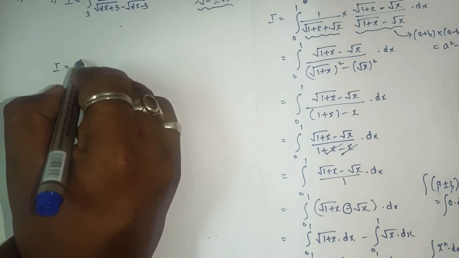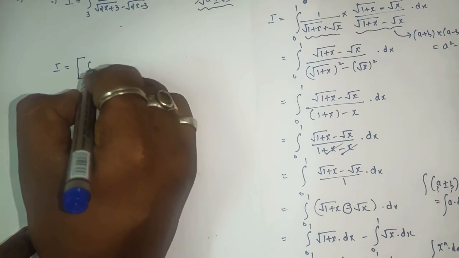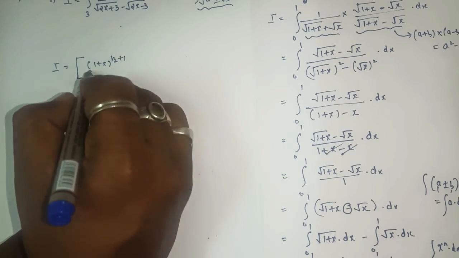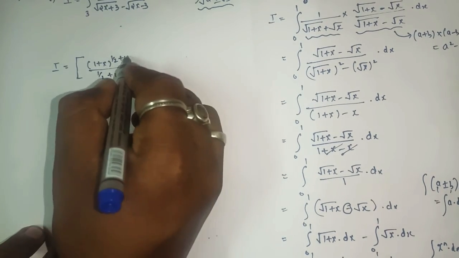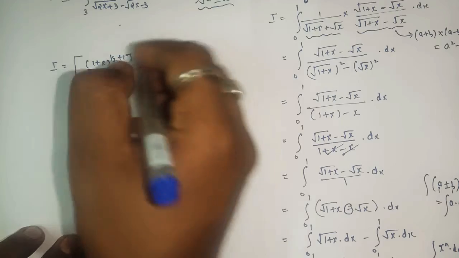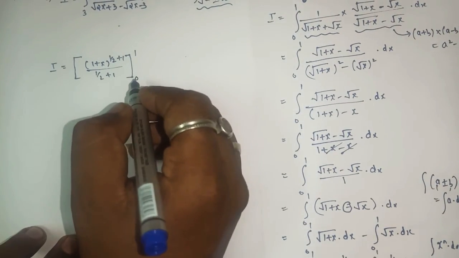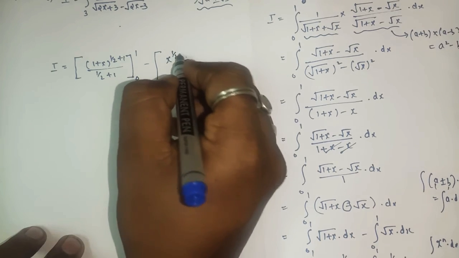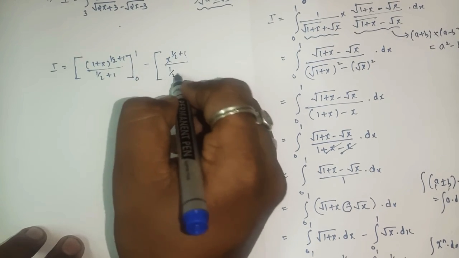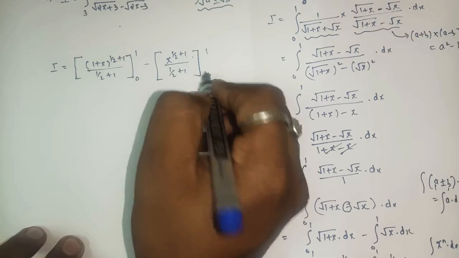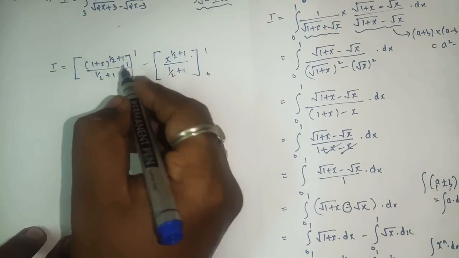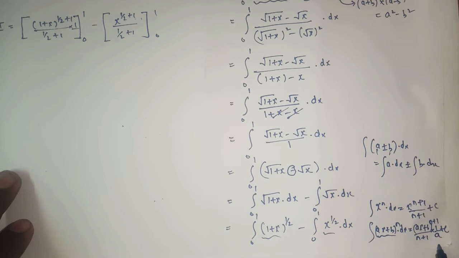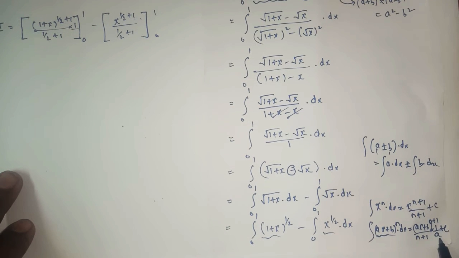So when you integrate, here you will get what? (1 plus x) raised to n plus 1 upon n plus 1, from 1 and 0, minus here also this will be x raised to n plus 1 upon n plus 1, from 1 and 0. Here, as per the chain rule, into 1 upon a we have to write.